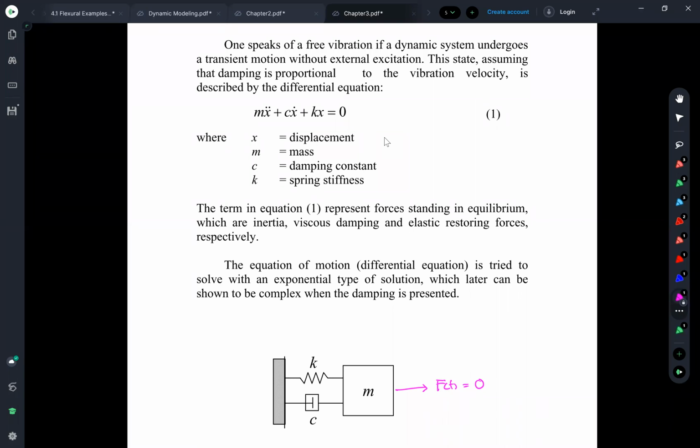However, in this study, we will assume all these three terms, M, C, and K, are constant and do not change with time. Therefore, the only unknowns to us are the displacement x, x dot, and x double dot, and this forms what we call the second order differential equation.